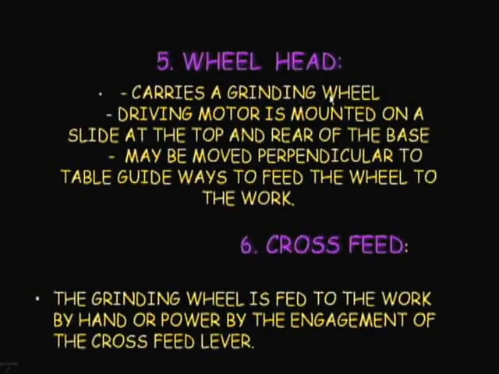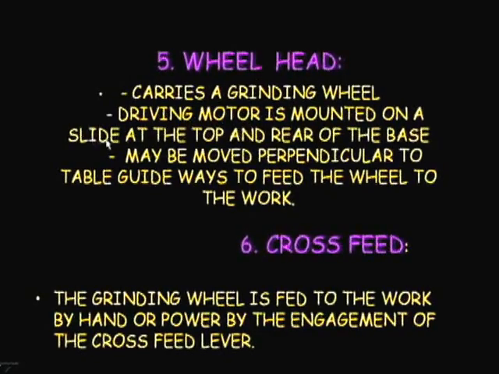Next one is wheel head. It carries a grinding wheel, and the driving motor is mounted on a slide at the top and rear of the base. So, the driving motor is there, the grinding wheel is there in the wheel head, and these are sliding at the top and rear of the base. It is on the top of the base, again at the rear of the base, and may be moved perpendicular to the table guideways to feed the wheel to the work.